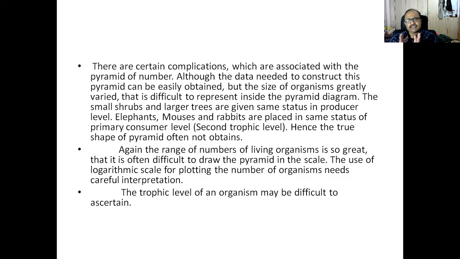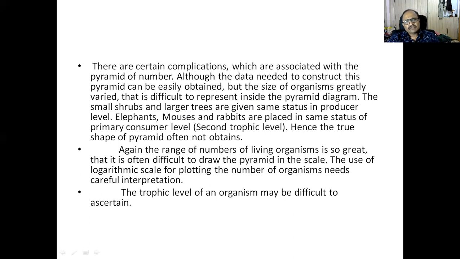But both these animals, elephants and rabbits, are placed in primary consumer level. तो ये पिरामिड में हम साइज ऑफ एनिमल नहीं कंसीडर कर सकते. ओनली वी कैन प्लॉट दिस पिरामिड बाय कंसीडरिंग द नंबर ऑफ ऑर्गेनिजम्स. ओके, दिस इज द कॉम्प्लिकेशन present in this pyramid of number. We cannot measure or show the size of animals or size of plants in this pyramid.